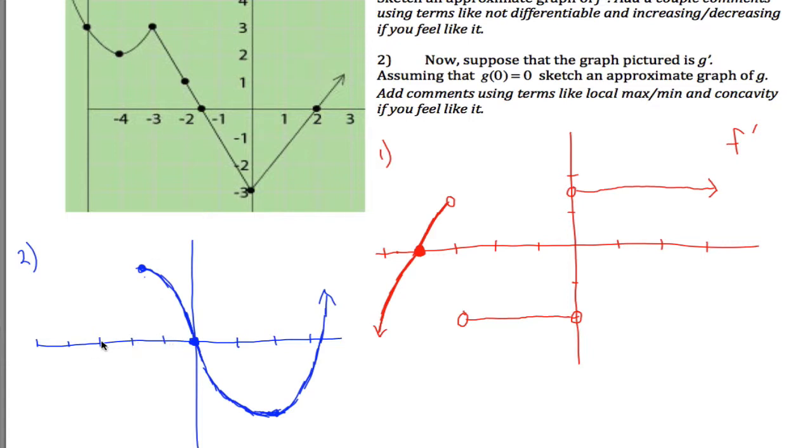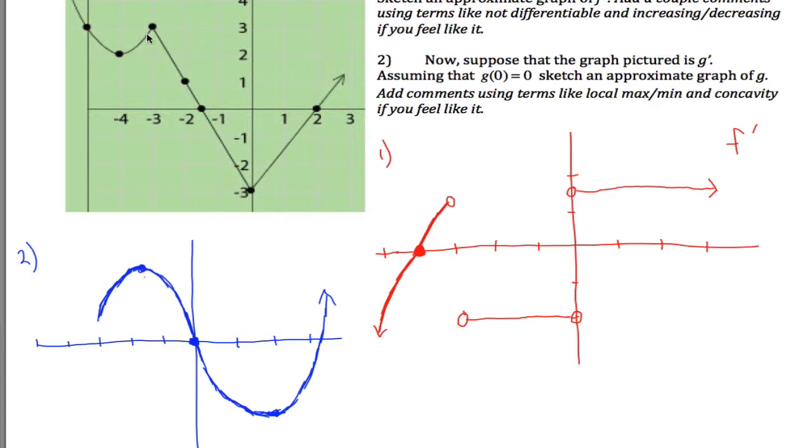So negative 1, 2, 3. So what I'm saying is, not only is this thing increasing from this point to this point, but the rate at which it's increasing is slow when I'm near here, and it gets faster and faster and faster until I get to negative 3 here.